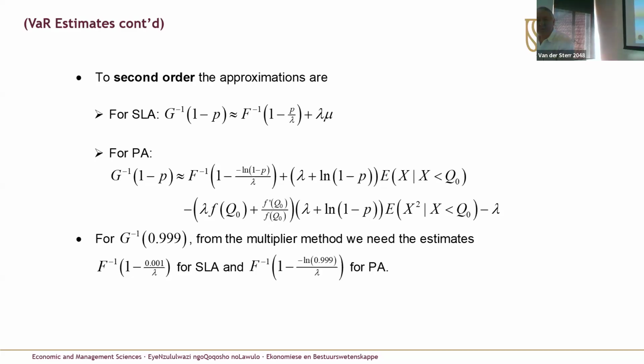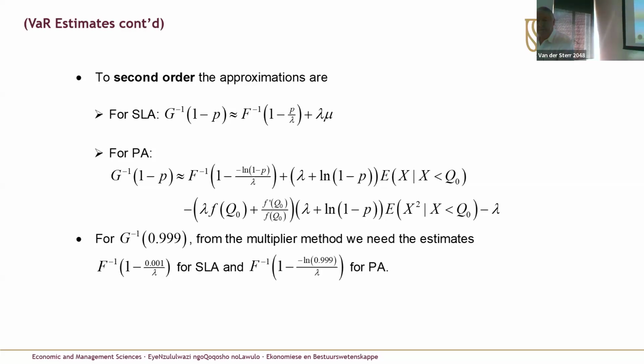Okay, and then I just write down to second order, we have this, where we just add that if mu is finite. If it's infinite, then it becomes more complicated. For this, we have this one, and this one, one of the problems I had with the PowerPoint.